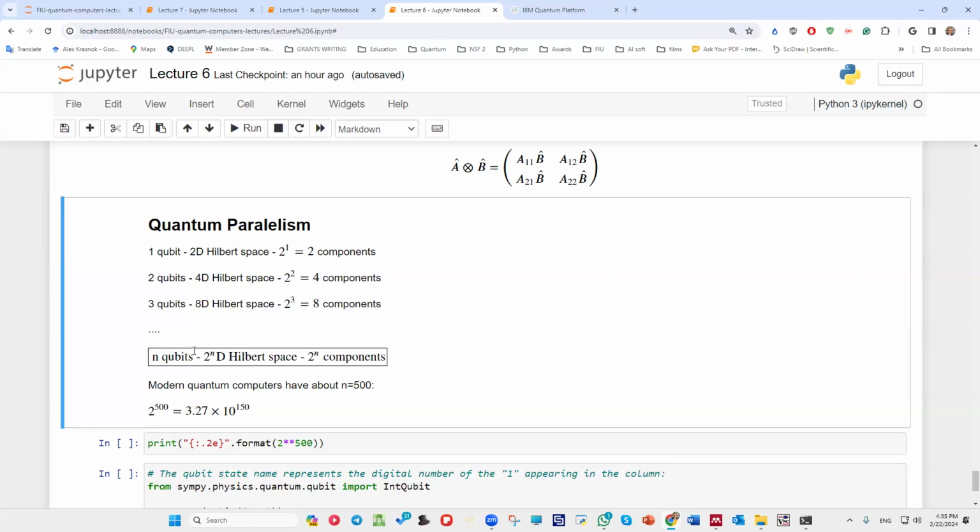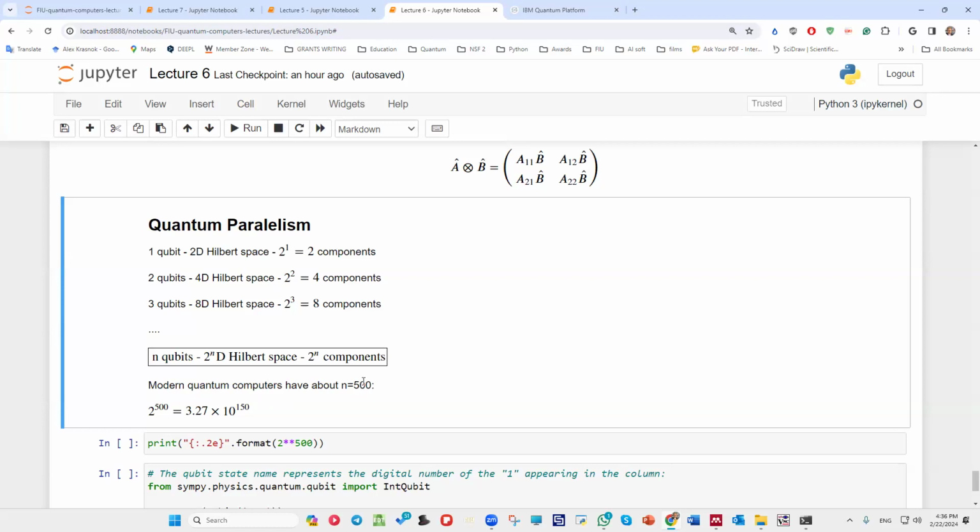So how large can this number be? Modern quantum computers have a number of qubits around 500. In fact, recently IBM announced a quantum computer with 1,000 qubits.